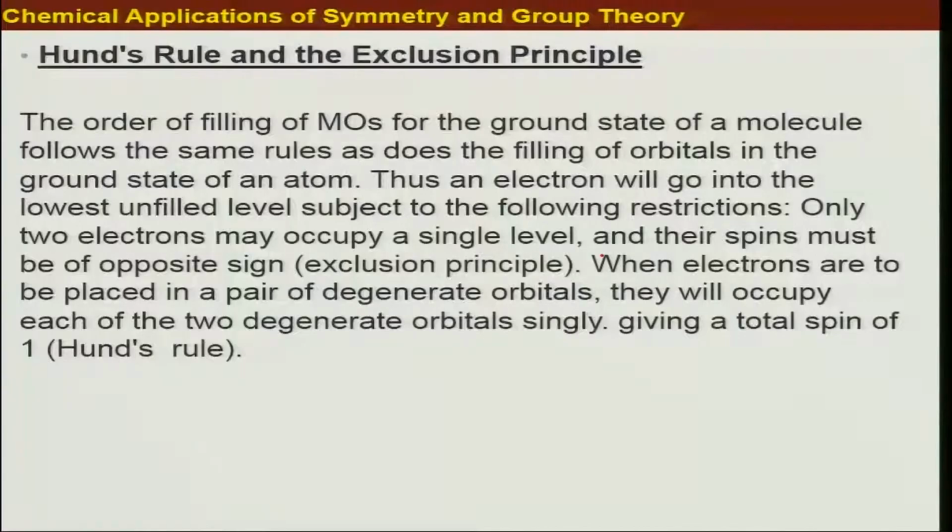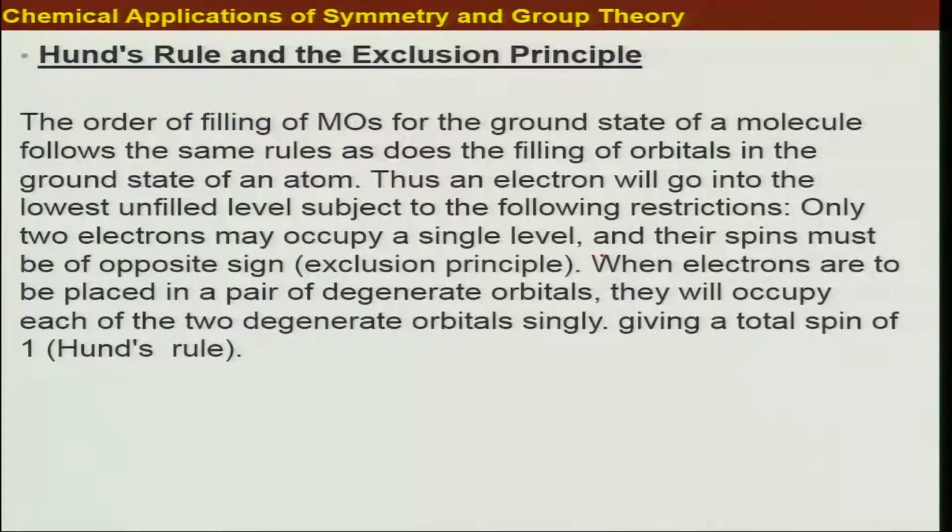An electron will go into the lowest unfilled level subject to certain restrictions. What are those restrictions? Only 2 electrons may occupy a single level, and their spins must be opposite. That is the exclusion principle, right?